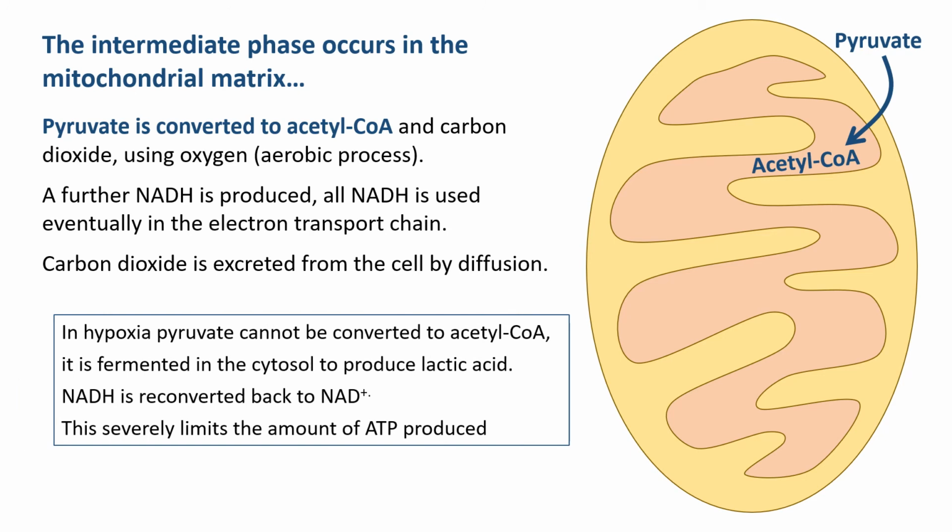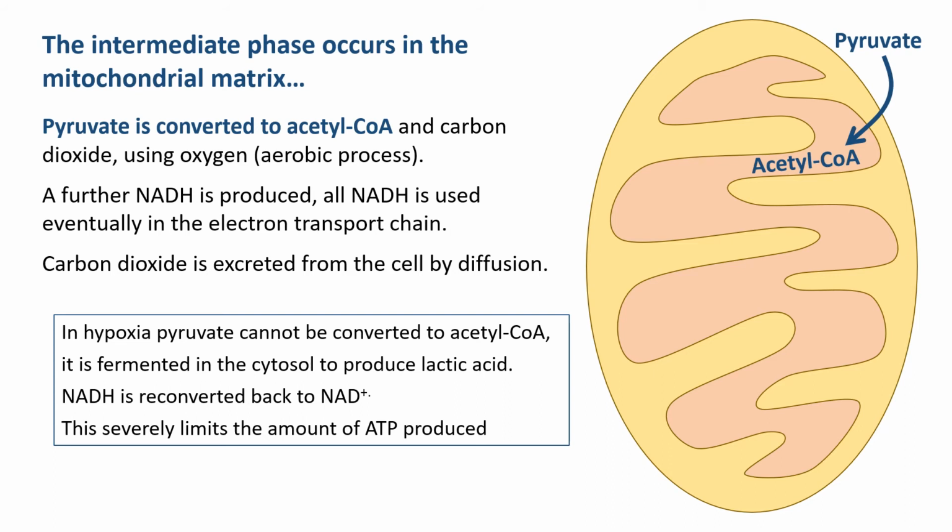When you have a situation where you don't have much oxygen, you're hypoxic, you can't convert pyruvate to acetyl-CoA without oxygen, because that step uses oxygen. So what actually happens, in the simplest of ways, is pyruvate is fermented in the cytosol, again, we're not going into details, to produce lactic acid.